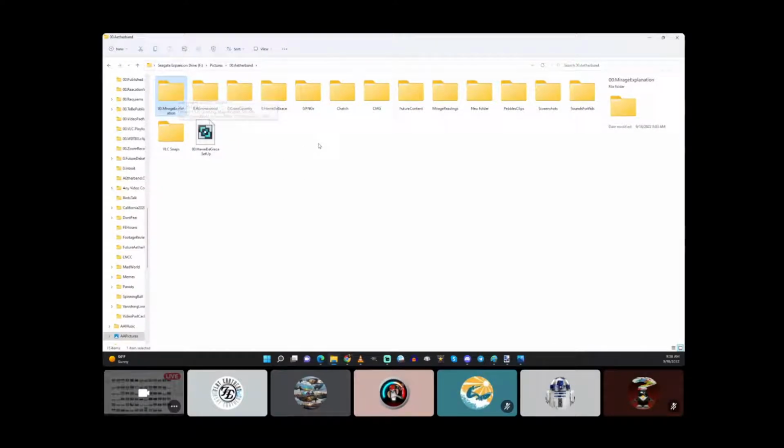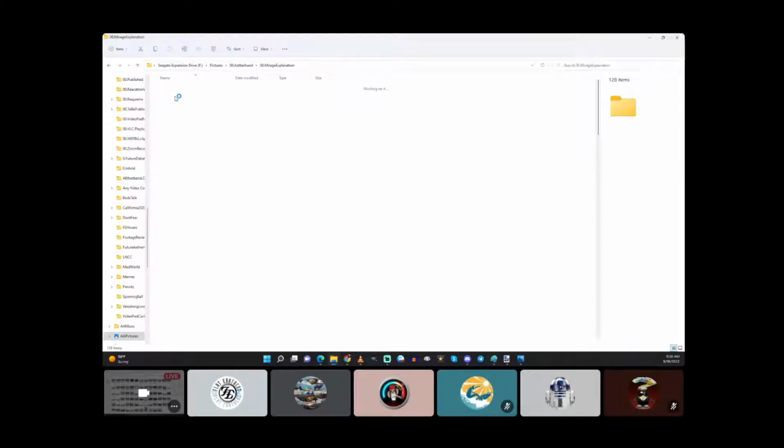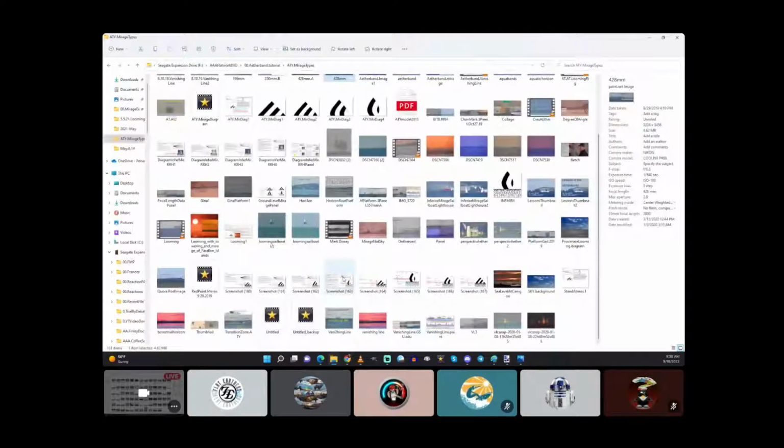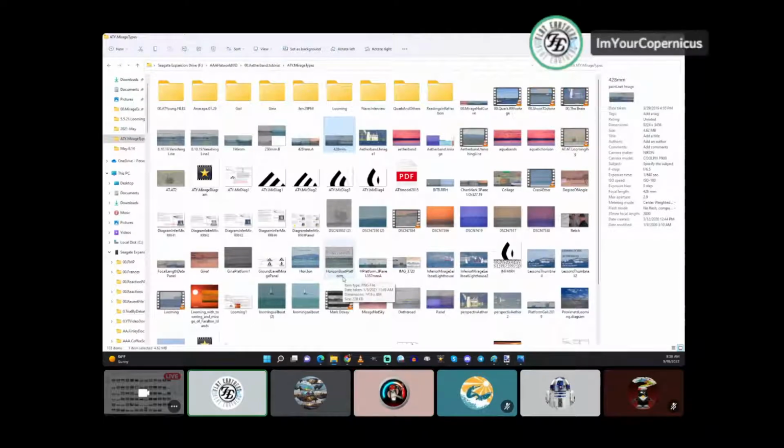Where's my... I'm trying to think of my boats in the band. Where did I put that file? Boats in the band. Trying to see if there's anything while that's loading.